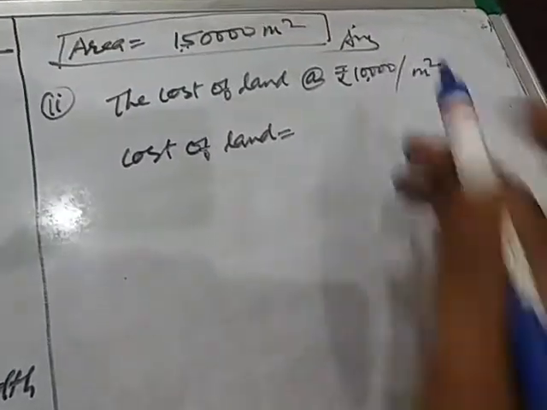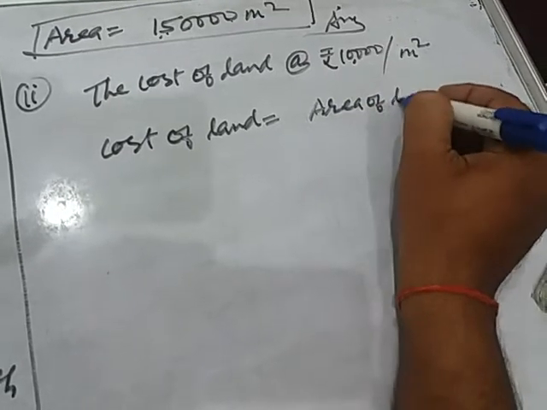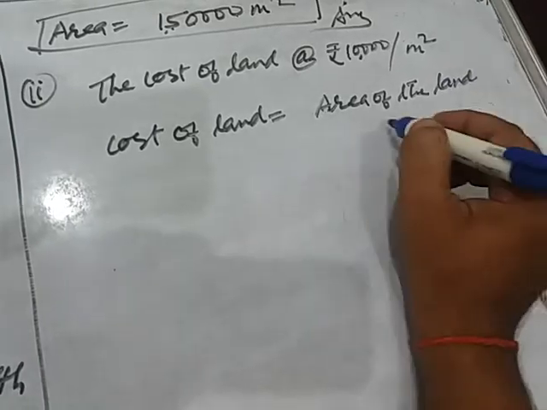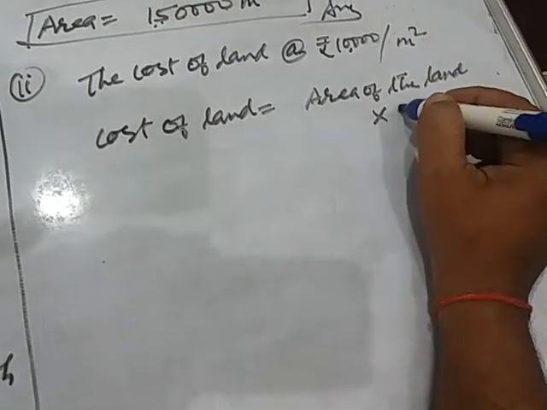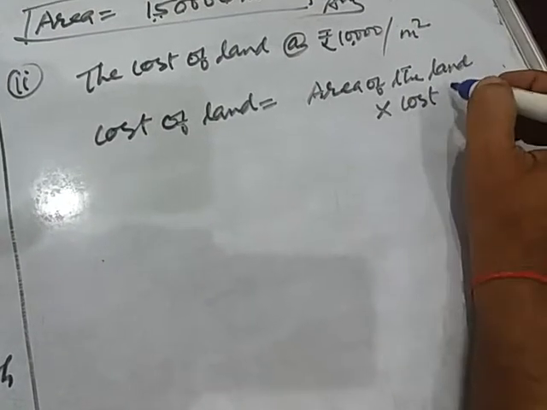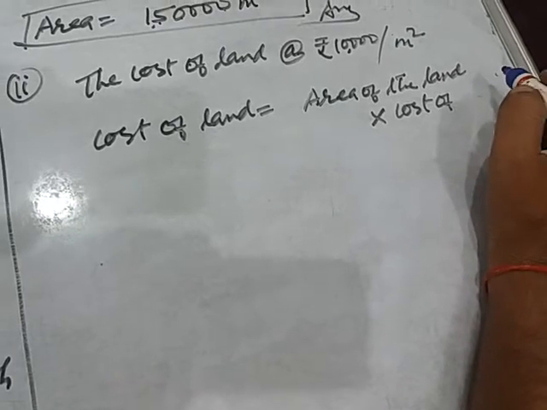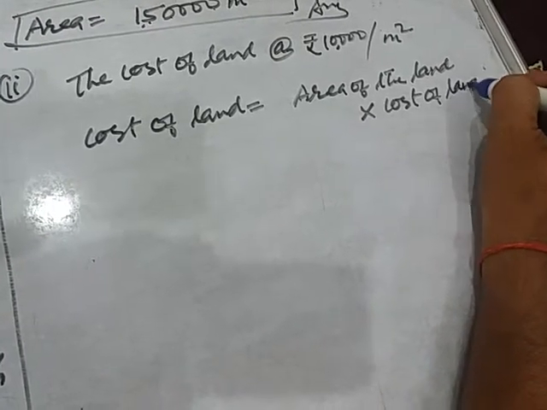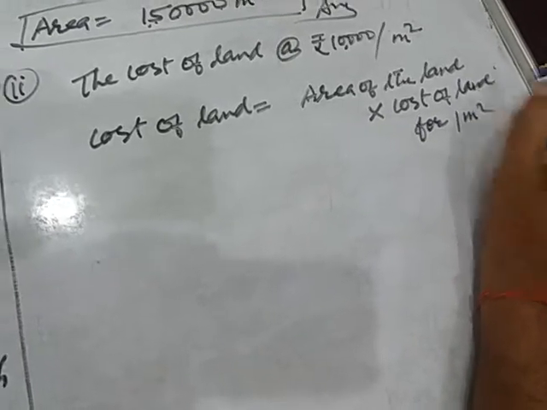Area of the land multiplied by cost of land for 1 square meter.